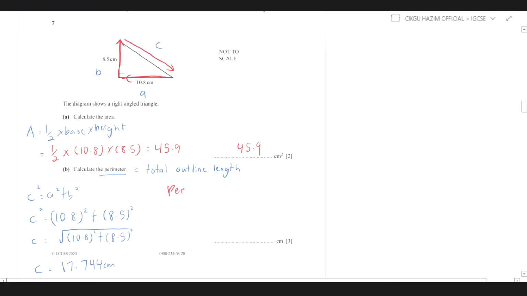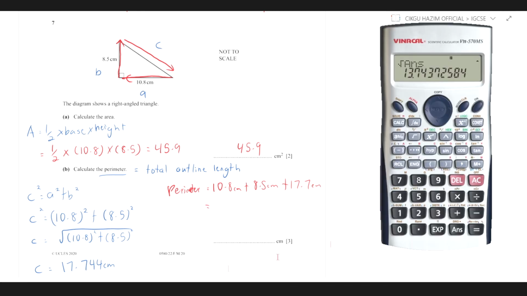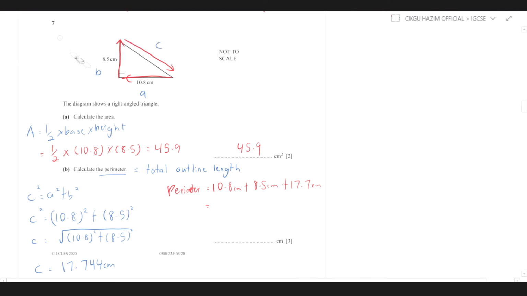So the perimeter here, we add everything. Okay, 10.8 centimeters plus 8.5 centimeters, but you can see 10.8 and 8.5 both are 1 decimal place, so also take 1 decimal place, 13.7 centimeters. Sorry, it's not 17, it's 13, my bad.